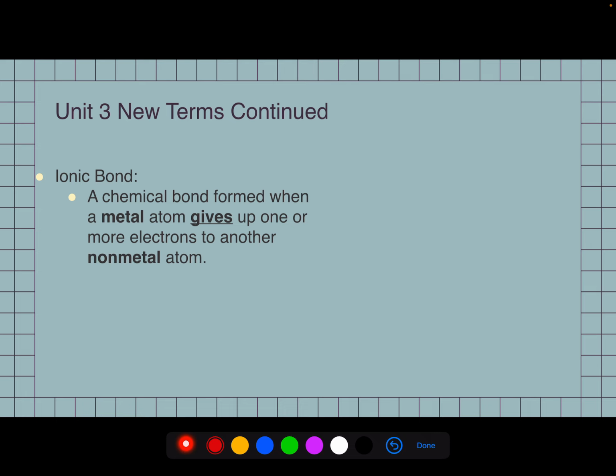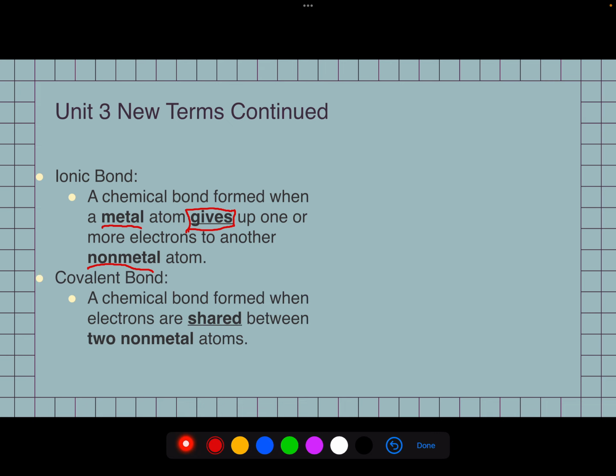So an ionic bond is formed when a metal, so two key differences are about metal and a nonmetal, and how the metal atom is going to give up its electron to the nonmetal, all right? So those are your two differences. The other one is talking about a covalent bond, which is a chemical bond formed when electrons are shared between two non-metal atoms, okay?